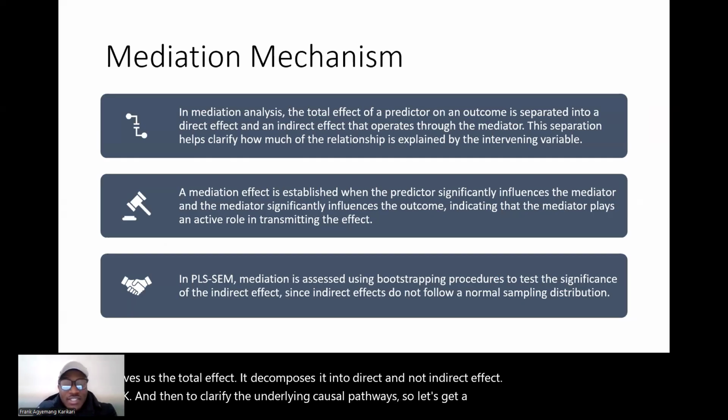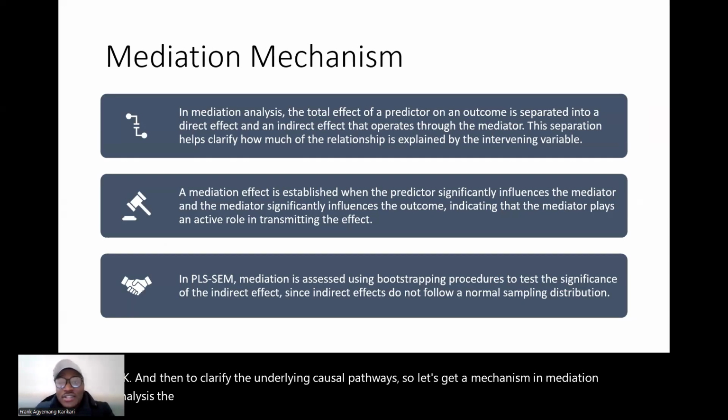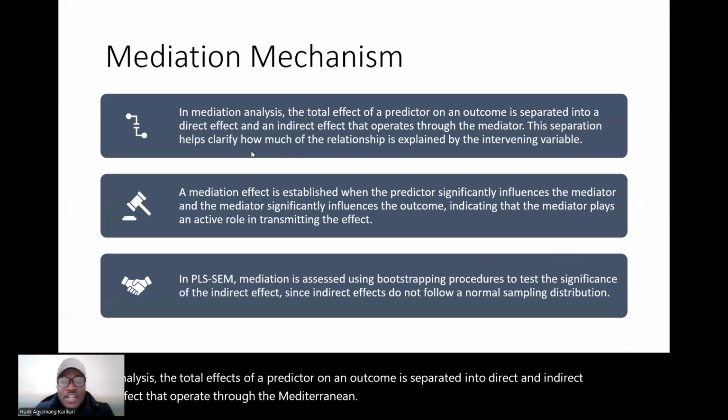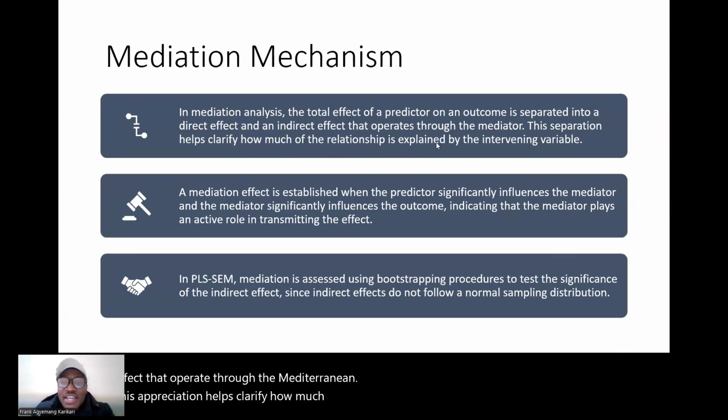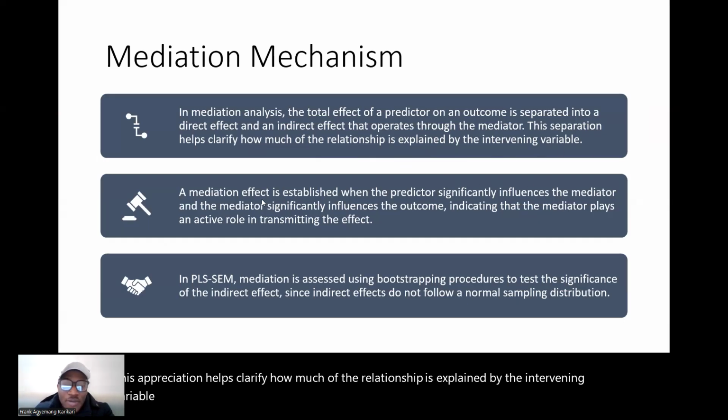In mediation analysis, the total effect of a predictor on an outcome is separated into direct and indirect effects that operate through the mediator. This separation helps clarify how much of the relationship is explained by the intervening variable, or the mediator. So in other words, if you don't hear mediator, you can also refer to it as the intervening variable.